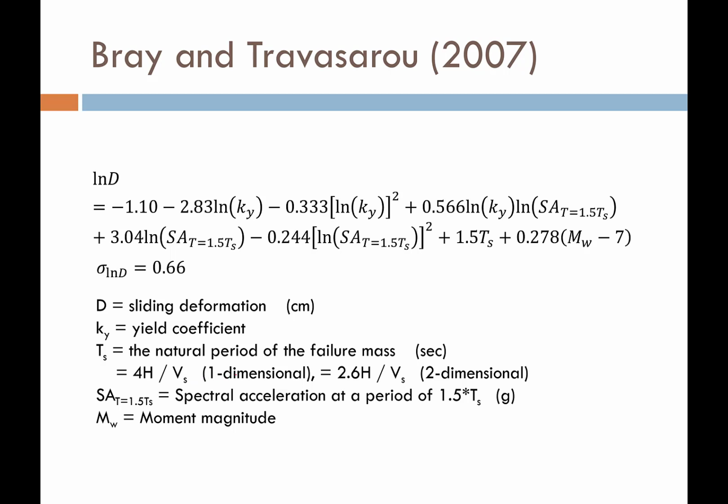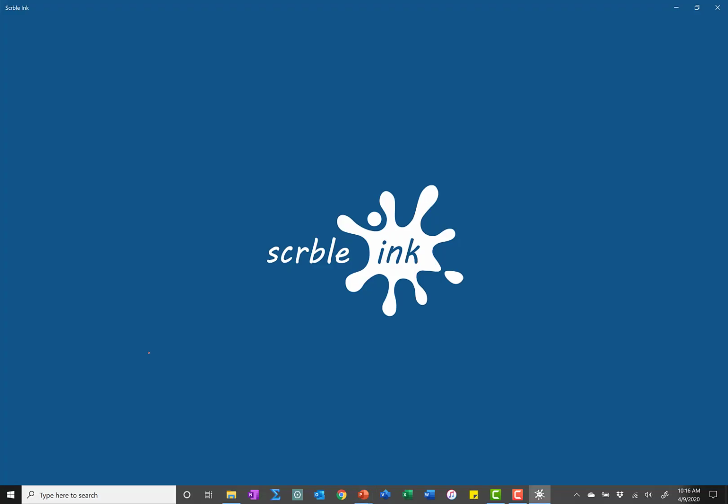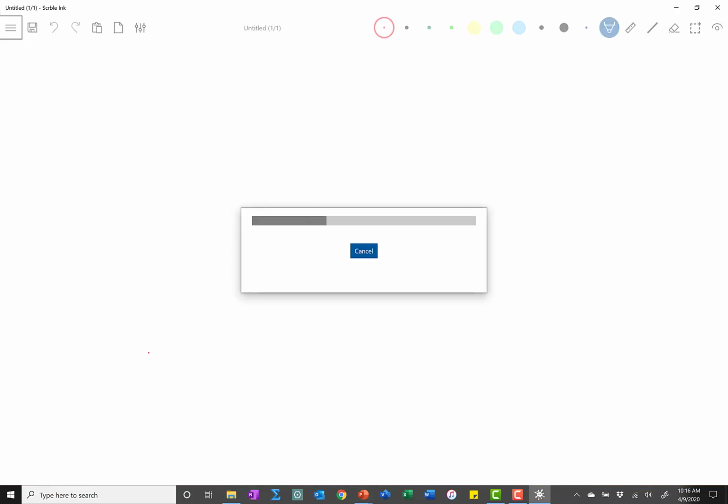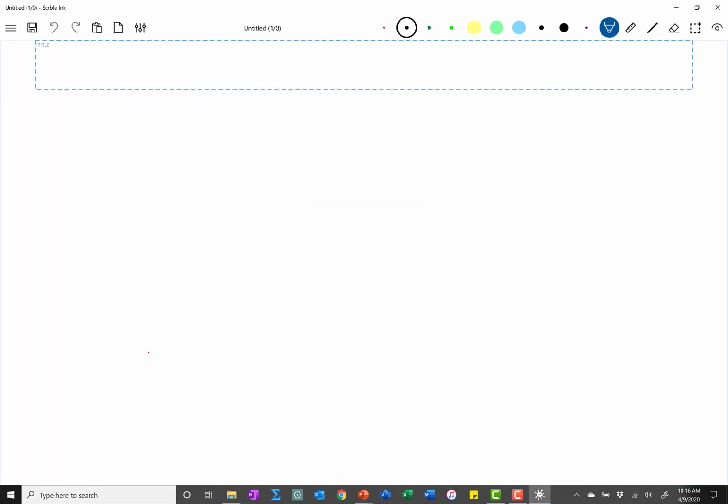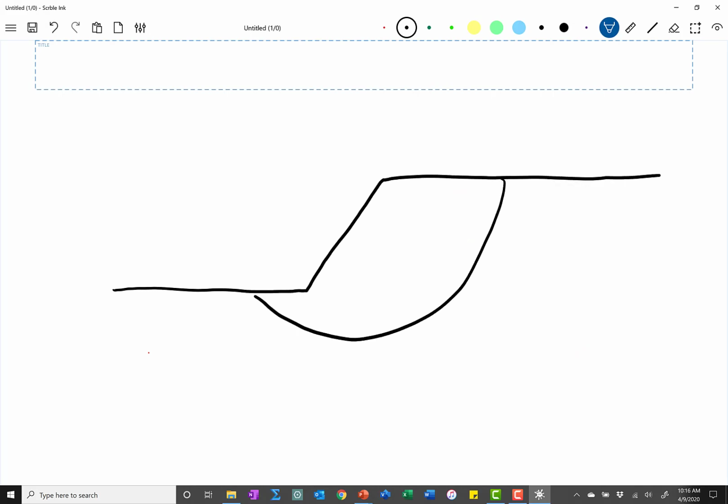If you're doing a one-dimensional analysis, you can estimate it using this equation, 4h divided by v sub s. Here, let's go to a plot and diagram it for you. Okay, so here's a cross section of my slope. Here's my failure mass.